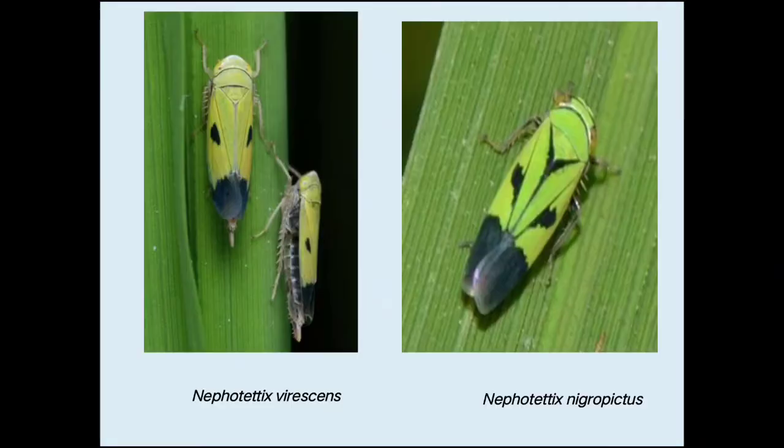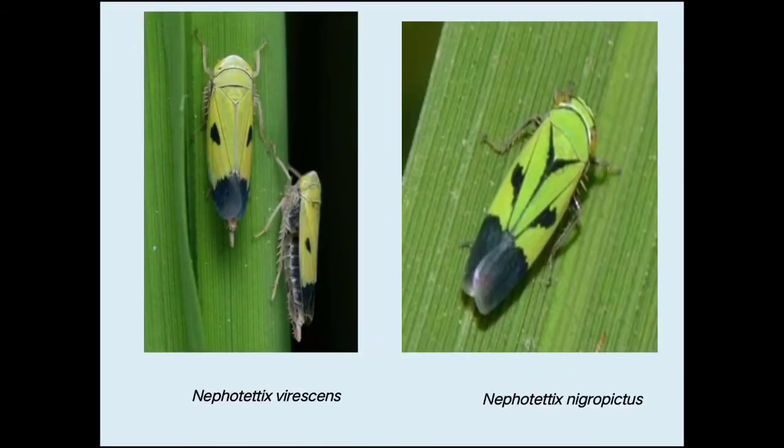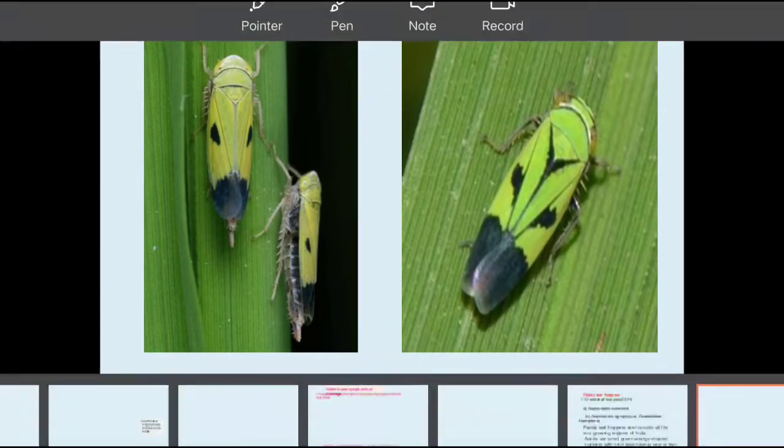Next, you can see there are two species: one is Nephotettix virescens, another is Nephotettix nigropictus. There is a difference between these two. As you can see from the image, in virescens the apical portion of the wings has a dark black band, and in the middle of the forewings you will find two small black dots.